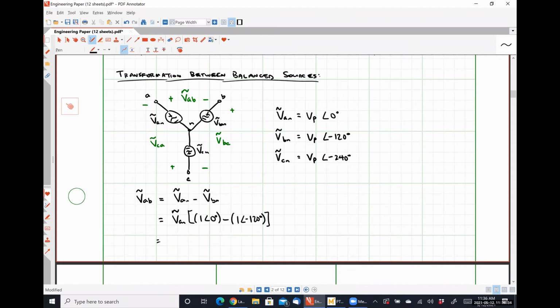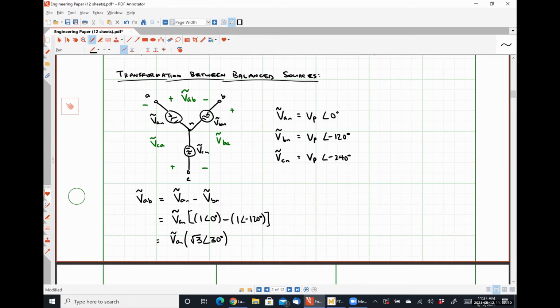1 angle 0 minus 1 angle negative 120 is simply the square root of 3 with an angle of positive 30 degrees. Okay. So I can transform my phase voltage into my line voltage by simply multiplying the magnitude by the square root of 3 and adding 30 degrees to its phase angle.